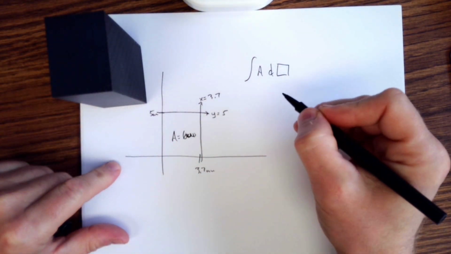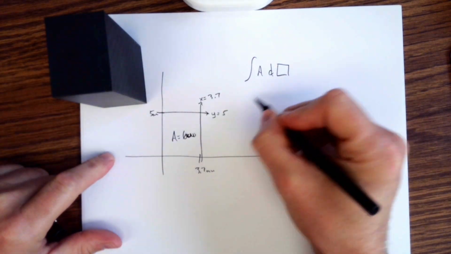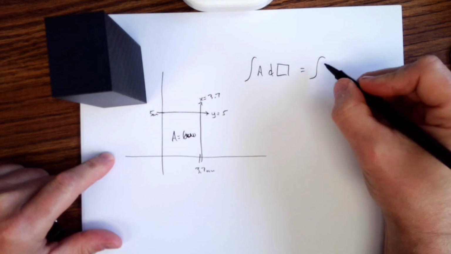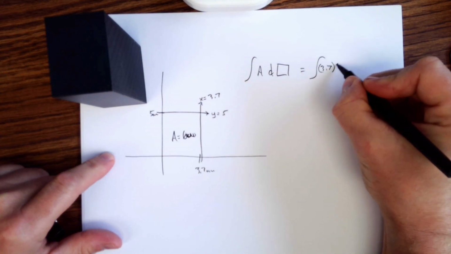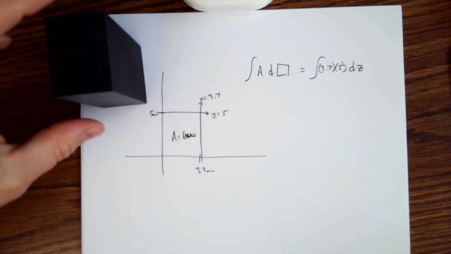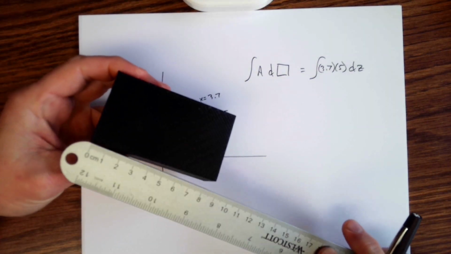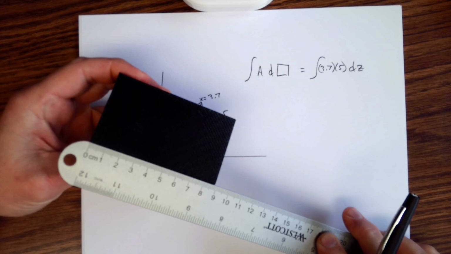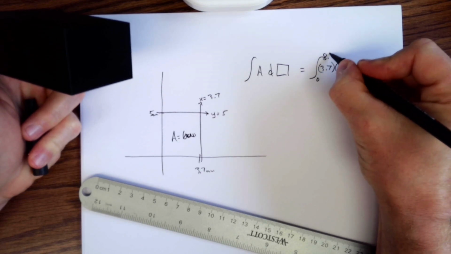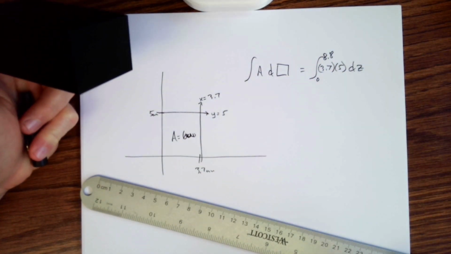And that area in this instance would just be, well, this is a constant rectangle here, so it's just 3.7 times 5, and we'll go ahead and say dz. Well, how do we measure dz? In this instance, we'd be measuring from there to there, which works out to be 8.8. So we'd be measuring from 0 to 8.8, and that allows us to find our volume.